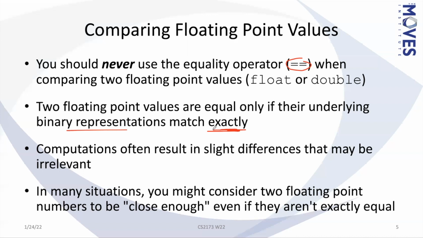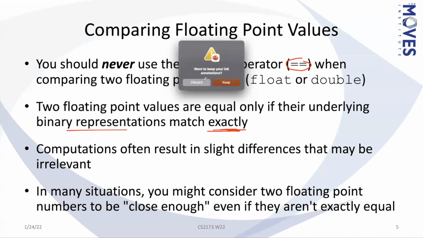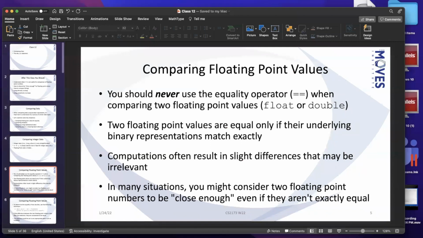These slight differences have to do with the finite precision of the digital computer. They may be irrelevant and you want them to be equal, but you typically have to consider them to be, quote, close enough. And that may be kind of abstract.